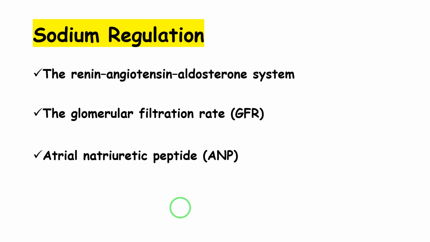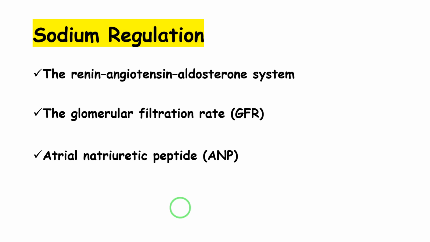What is the role of the renin-angiotensin-aldosterone system? We know that renin is secreted when there is a decrease either in the supply or the level of sodium in the kidney, when the distal tubule senses that there is a low level of sodium delivered to it, or when there is a decrease in the renal afferent arteriolar pressure.